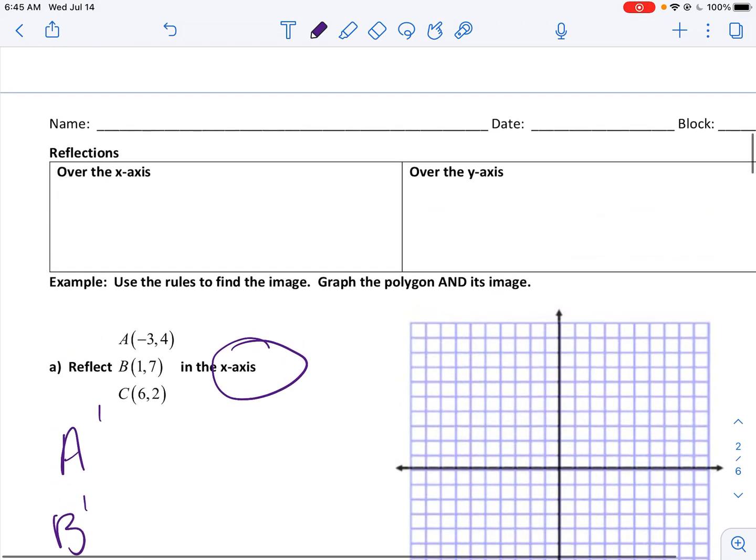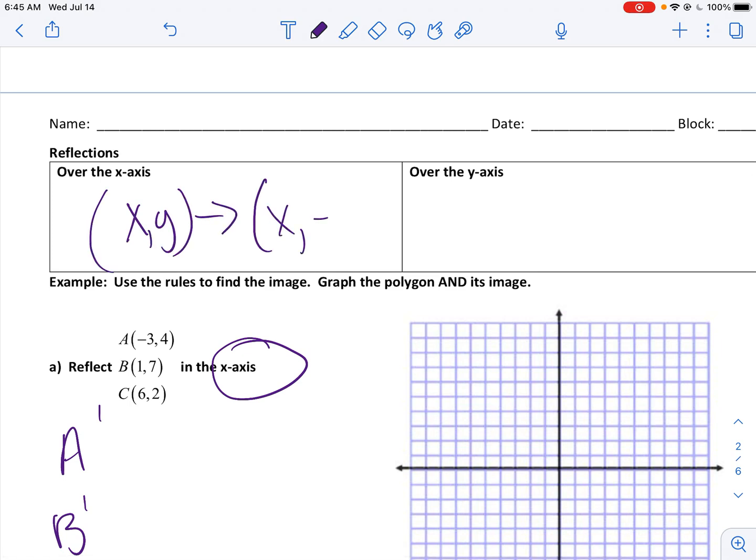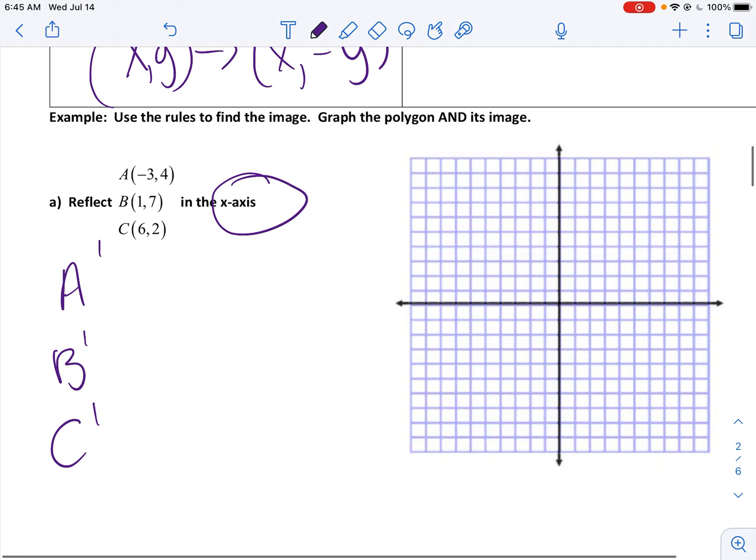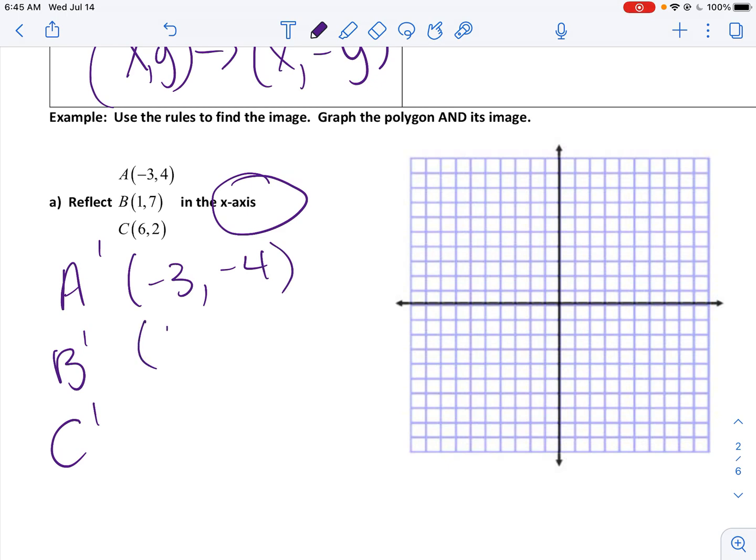And again, the rule says I'm changing the y values to its opposite. So the -3 stays the same, the 4 goes to the opposite. The 1 stays the same, goes to the opposite. 6 stays the same, it goes to the opposite.